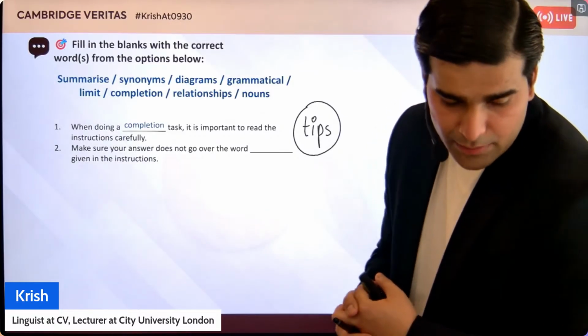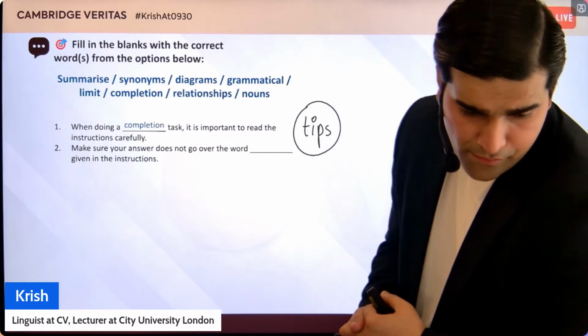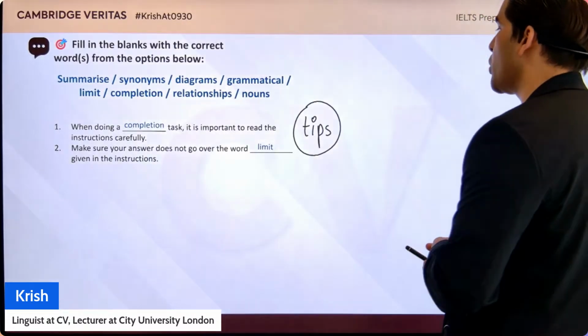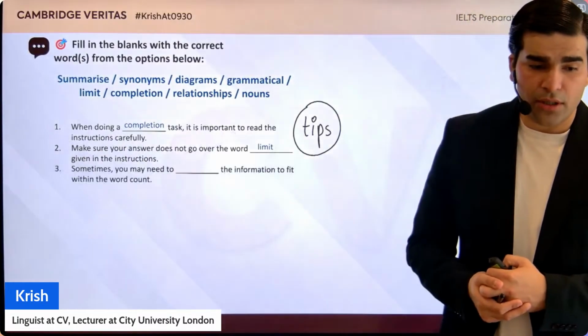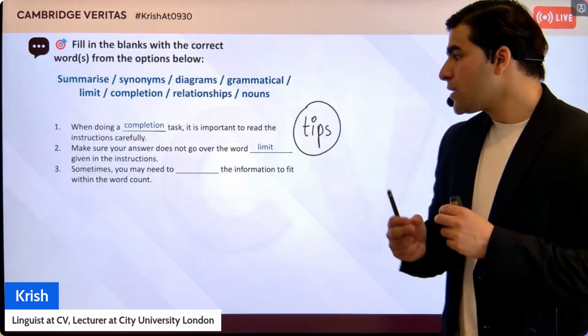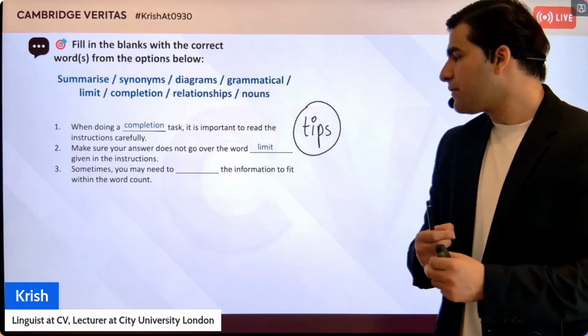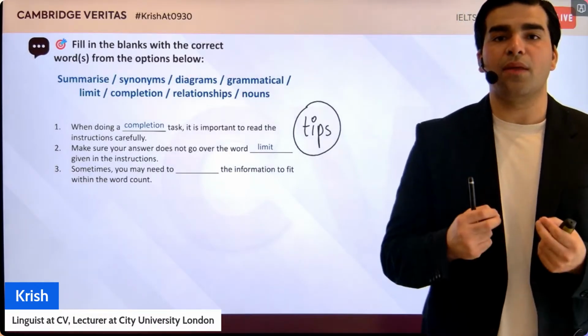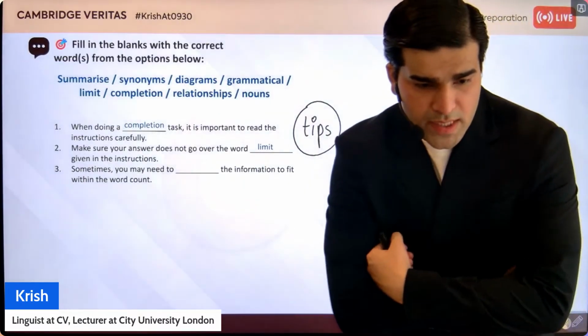Yes, I'll go back to the table, Hasmat, so you can take the screenshot. Thank you. Word limit it is. Perfect. Word limit. Wonderful. Next one, please have a look. Number three. Sometimes you may need to dash the information to fit within the word limit. What is it?